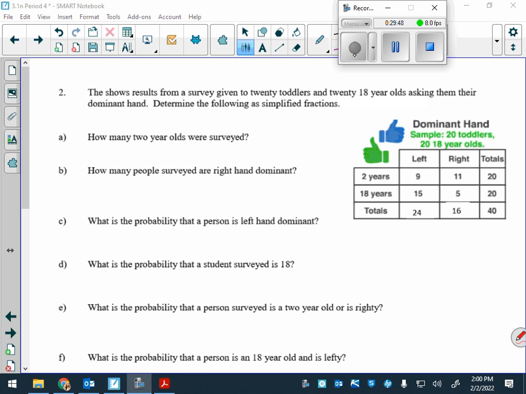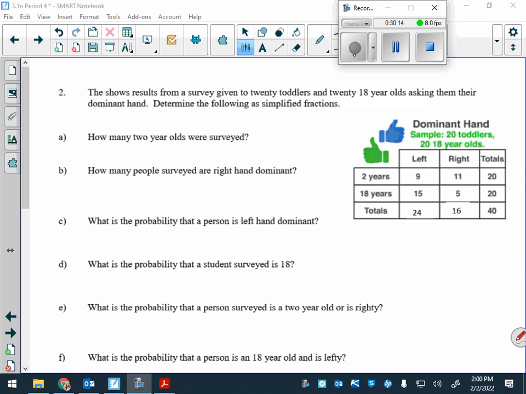Okay. And I'll show you the difference. Here, you have 2 different scenarios. You have ages here and left or right, right? So when you look at 2-year-olds, 20 out of 40, plus righties, 16 out of 40, you have to subtract this overlap because it's counted twice.